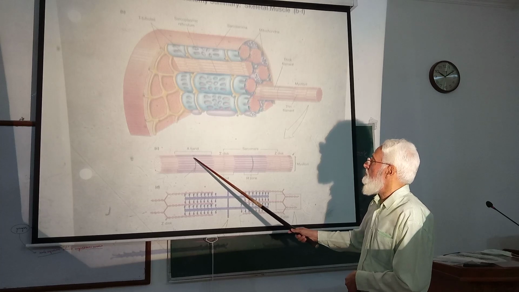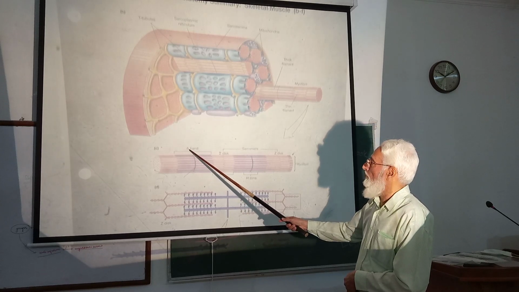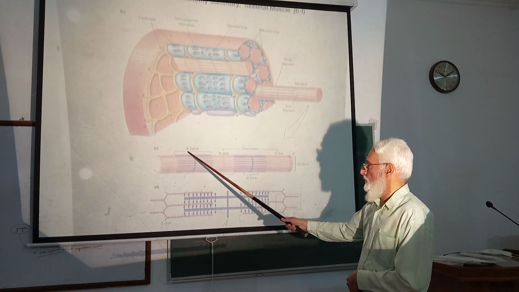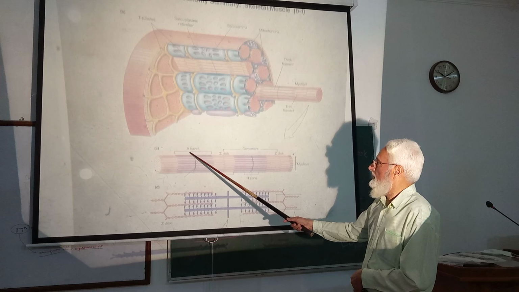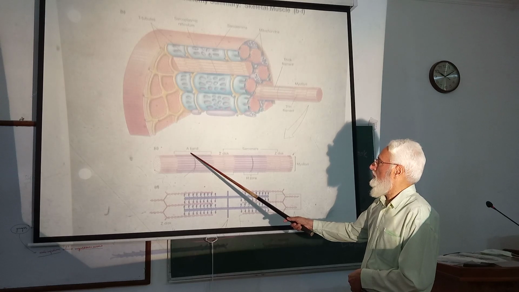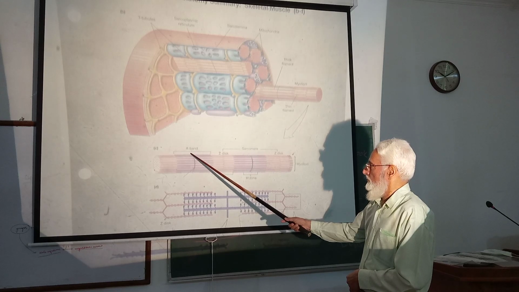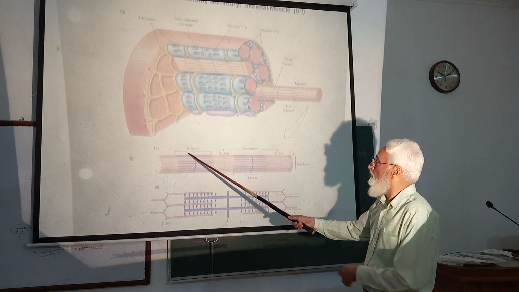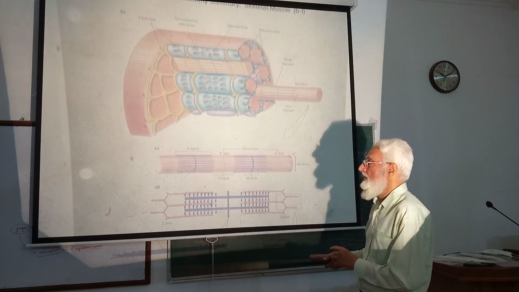The dark band, I told you, is also called A band. A is from anisotropic. It means having unequal refractive index to polarized light. And what is polarized light?